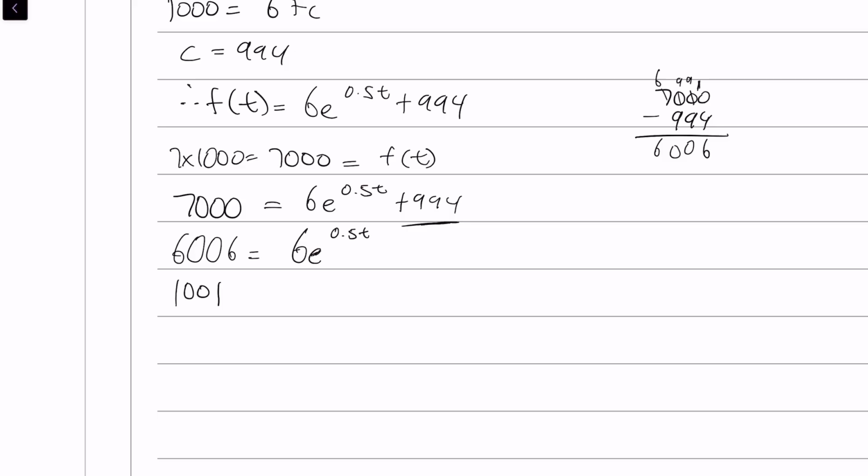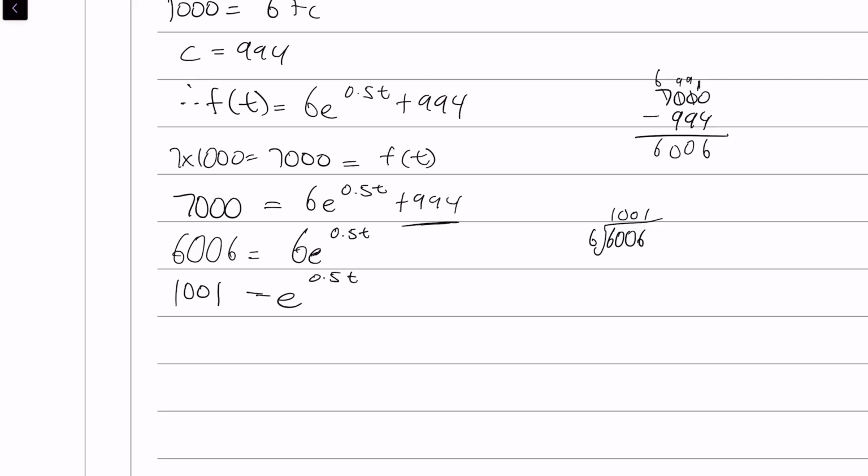Or I can look at it in my head and go 6 divided by 6 is 1, 0 0, and 6 divided by 6 is 1. So what I did in my head is basically just long division, I guess. So 1, 0 0, 1. Whatever way works for you, it's up to you.